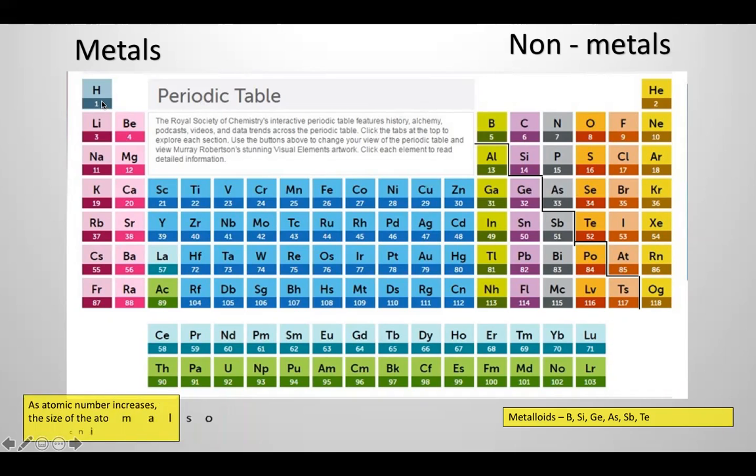You've probably noticed that the numbers on the bottom of each element, so 1, 2, 3, 4, are all going up. These numbers in this periodic table from the Royal Society of Chemistry are the atomic numbers. So 1 proton, 11 protons with sodium, 19 with potassium.